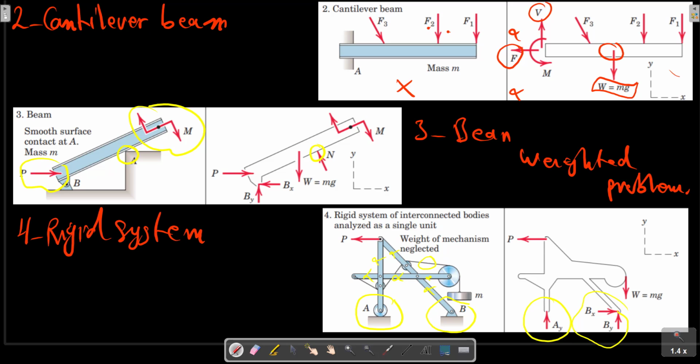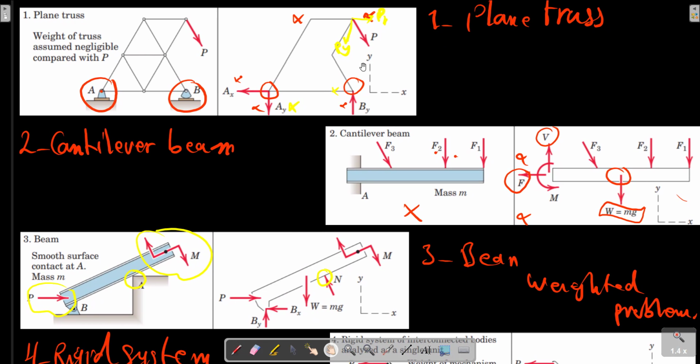In example 1 for the truss, any of the reactions Ax, Ay or By can be 0 for a specific value of the truss geometry and of the magnitude, direction, and sense of the applied load P. A zero reaction force is often difficult to identify by inspection, but can be determined by solving the equilibrium equations.